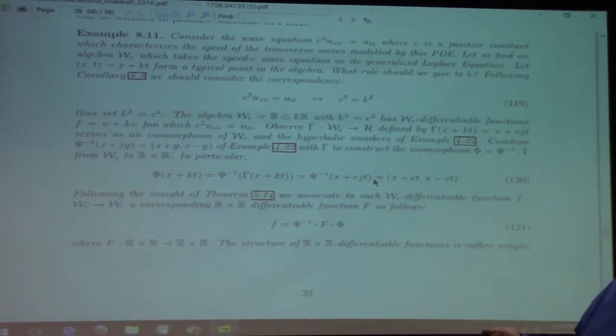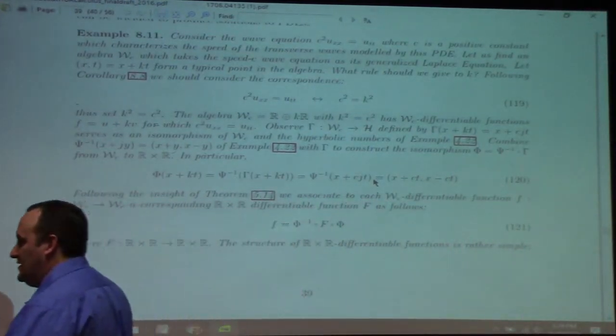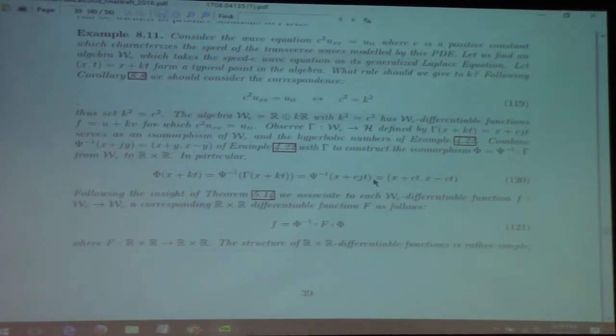And what does a differentiable function on the direct product algebra look like? What does it mean to be a differentiable function of R cross R?